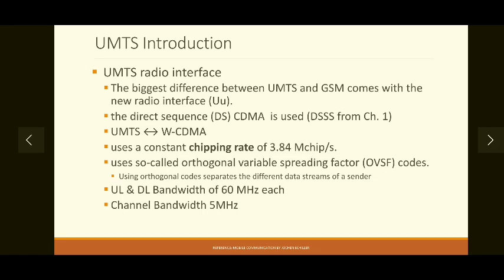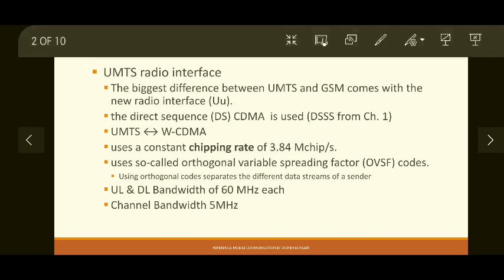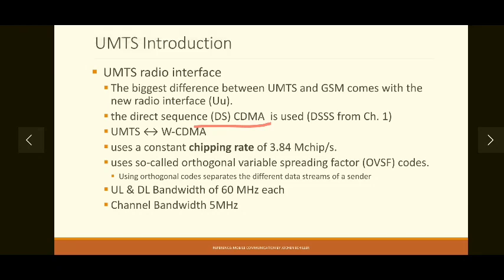So larger bandwidth is available, because of the use of this DSSS. Previously it was 200 kHz in GSM, now it is up to 5 MHz in the UMTS. So these are the major changes in the radio interface. Details you can refer to the UMTS specification provided by GSM specifications.